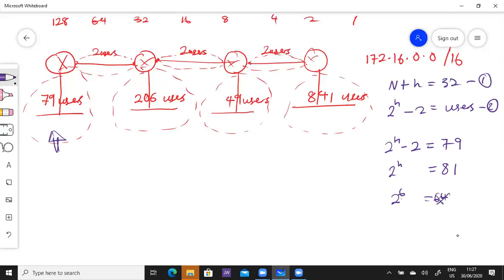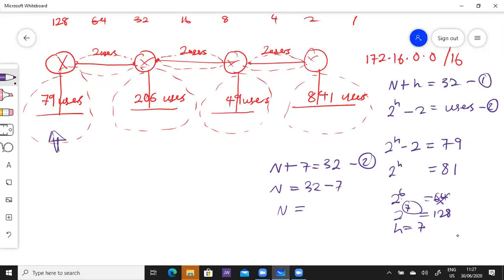So we move to the next integer, that is 7. We have 128. 7 is acceptable, so my h will be 7. If my h is 7, n plus 7 is 32 from equation 2. My n will be 32 take away 7, and that will give me a subnet mask of 25. So for the 79 users, I need a /25 to make it work.